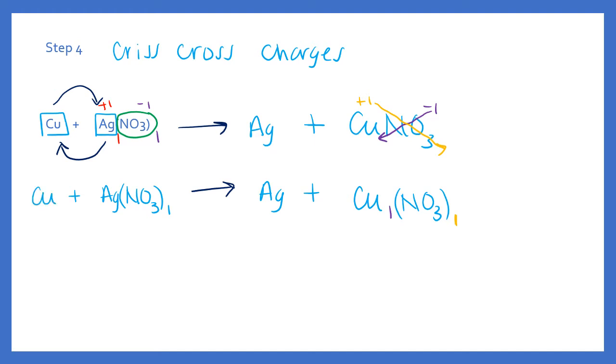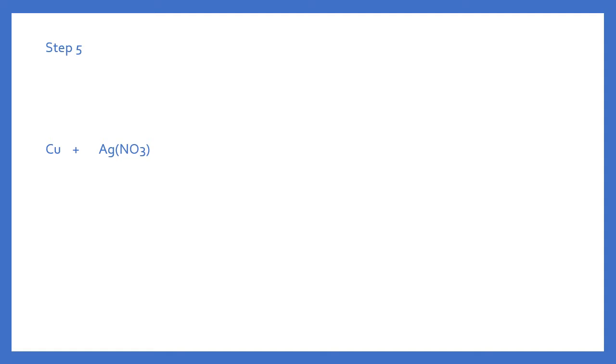Okay, fantastic. So we just crisscrossed our charges. The next step will be to simplify our charges, which we don't have to do because they are simplified down to their lowest form.